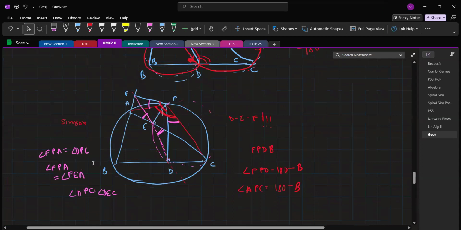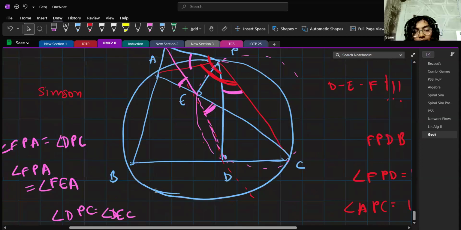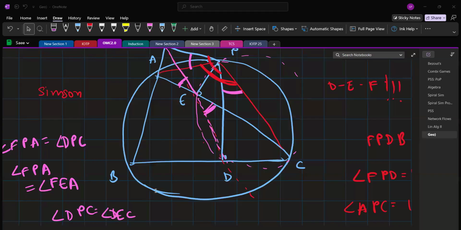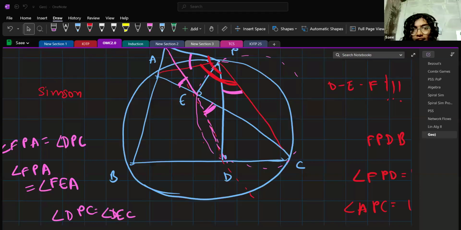Or you can just tackle each configuration separately. That is true. There's some material for directed angles also later.